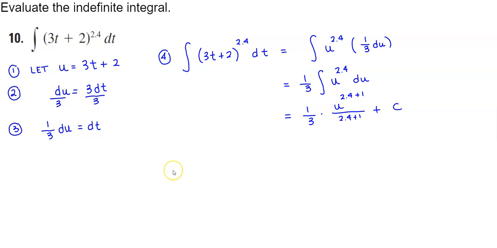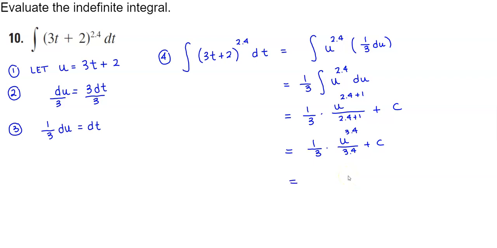Okay, so now what we have is 1/3 times u to the power of 2.4 + 1, which is 3.4. And then down at the bottom, 2.4 + 1 is 3.4, plus c.